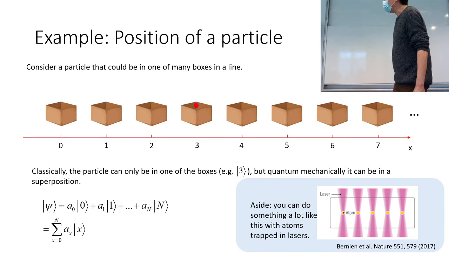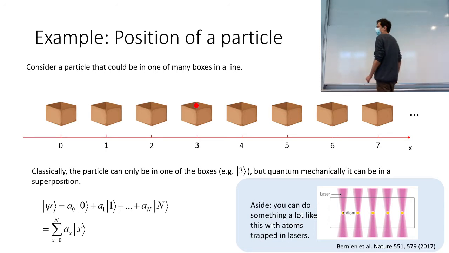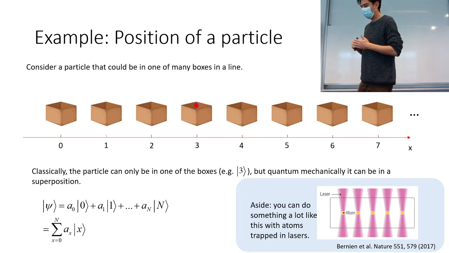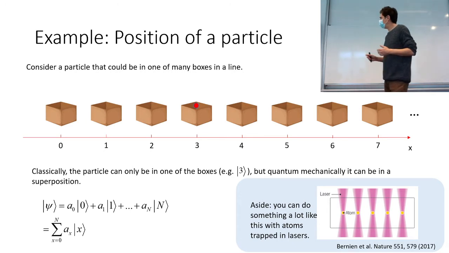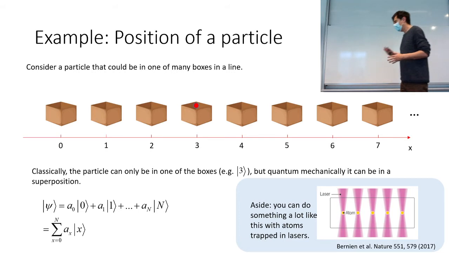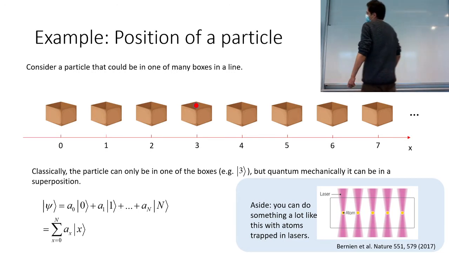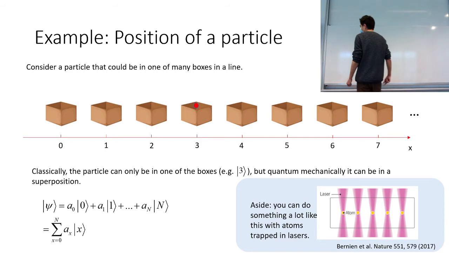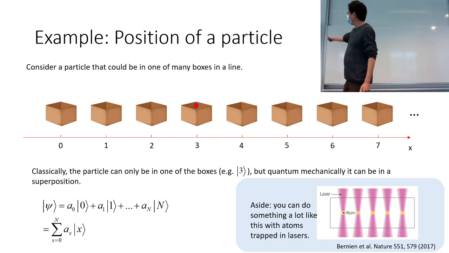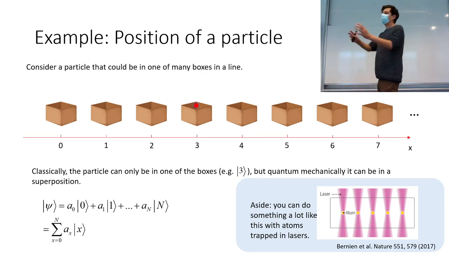So let's jump into an example. It's nice to just start with an easy to understand example so that you get the feel for it. So let's make up this particular scenario. Say you have a bunch of boxes and they're all lined up and they're all evenly spaced.